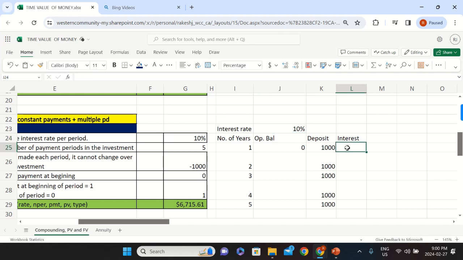Now here I want to calculate the interest amount on $1,000. So it is equal to 1,000 times 10%, right? So this is the interest that we have. So deposit plus interest will be the closing balance.